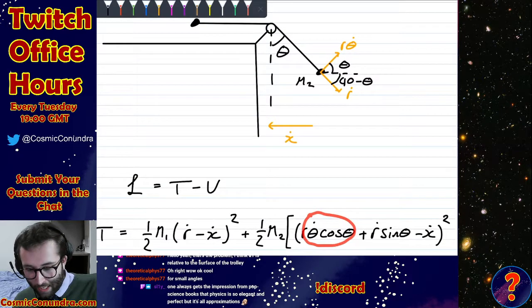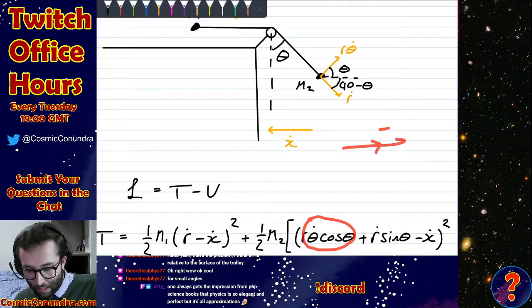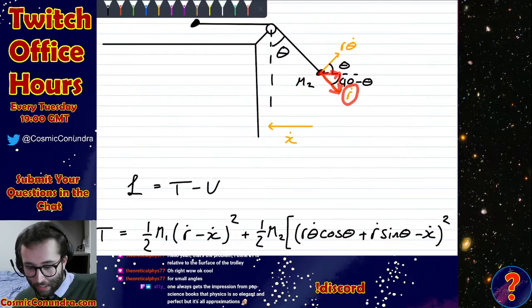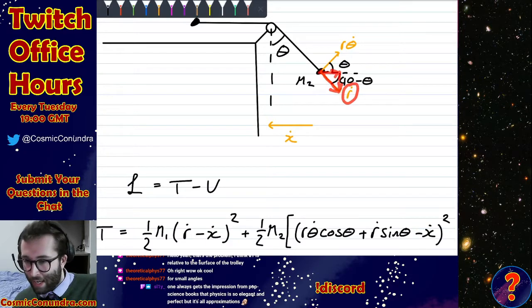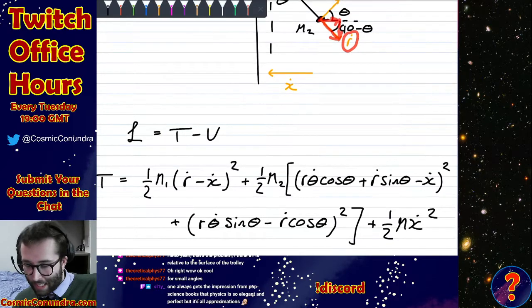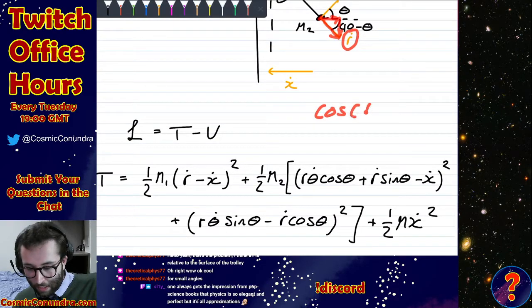Then added onto that, because we're resolving positively to the right direction, we also have the radial speed, which has a magnitude of r dot, and now the angle of its shadow in the horizontal direction is times cosine of 90 minus theta. And cosine of 90 minus theta is a trig identity: cosine 90 minus theta is just equal to sine theta.